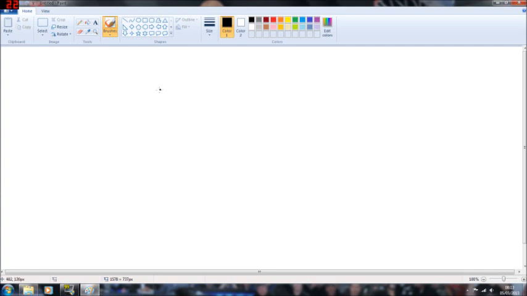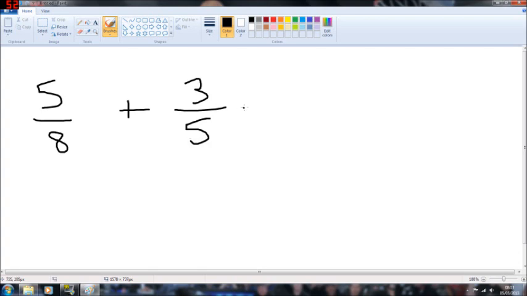Now secondly, how to add fractions. So if you had 5/8 plus 3/5, what you would do is you get the denominators to be the same, and the only way you can do this is by finding the lowest common multiple.